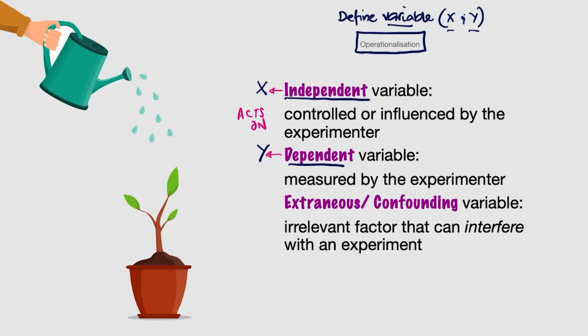Which brings me to this next type of variable, which is called an extraneous or confounding variable.